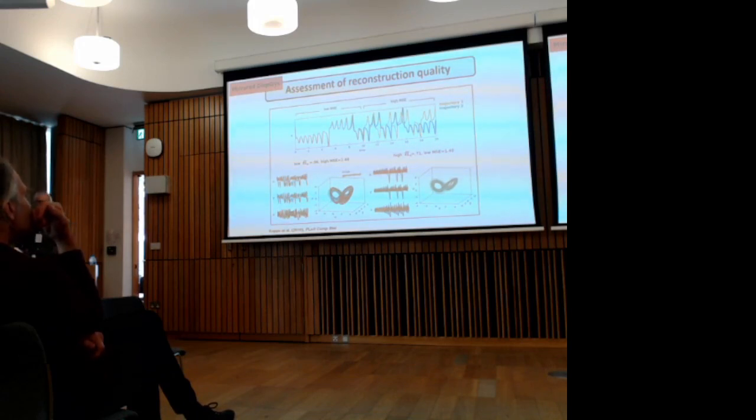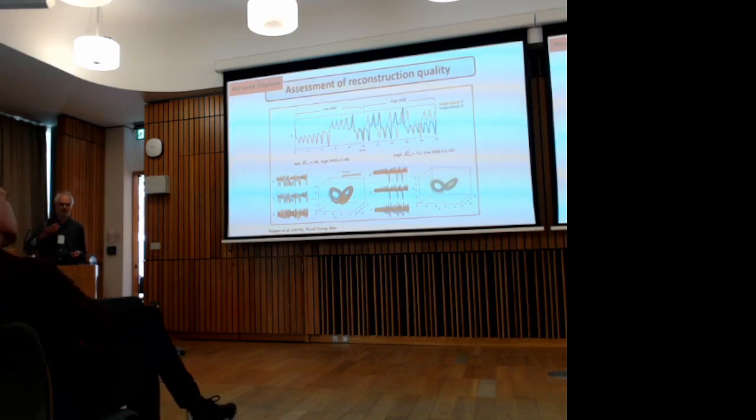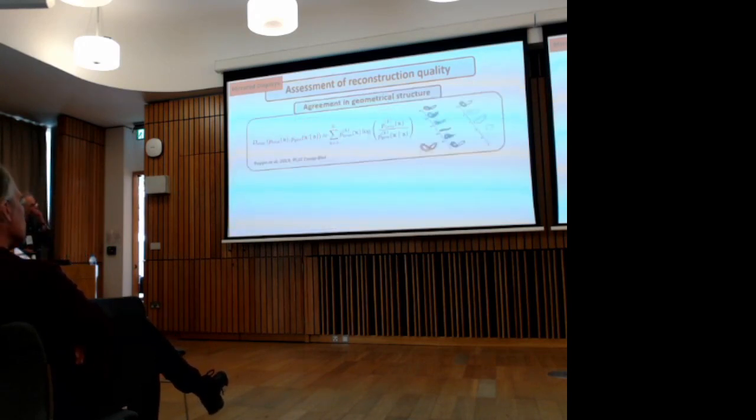So for dynamical systems reconstruction, we need something other than just mean squared errors or prediction errors to assess the quality of the reconstruction. What we usually do is assess the agreement in geometry through, for instance, a type of Kullback-Leibler divergence, where we go across boxes in state space.